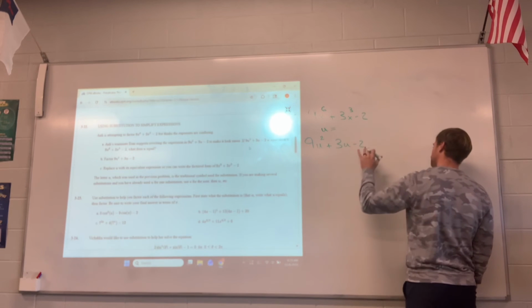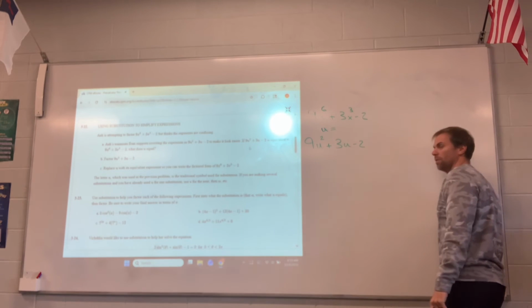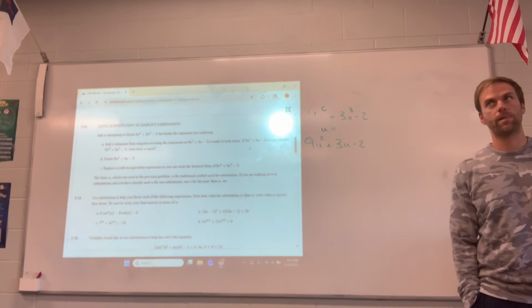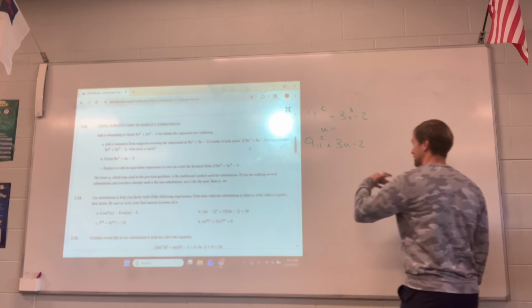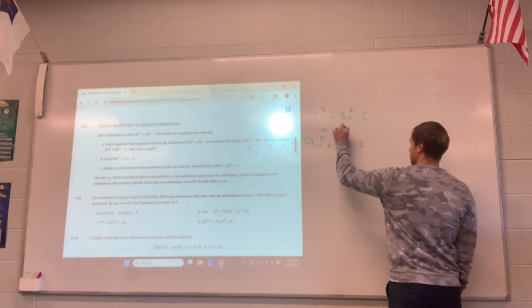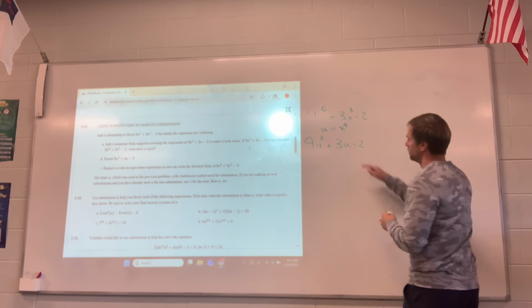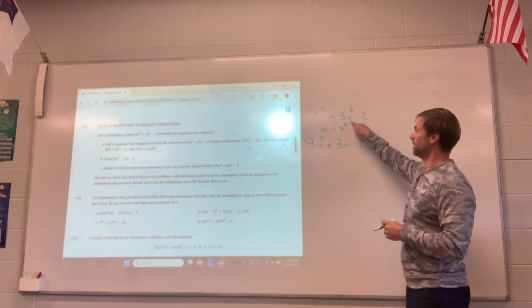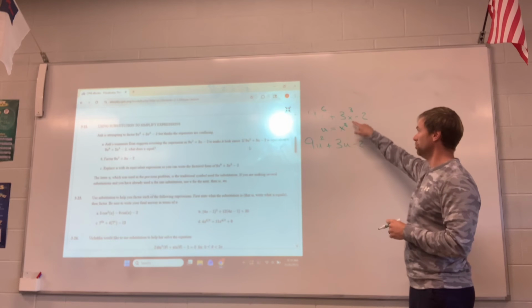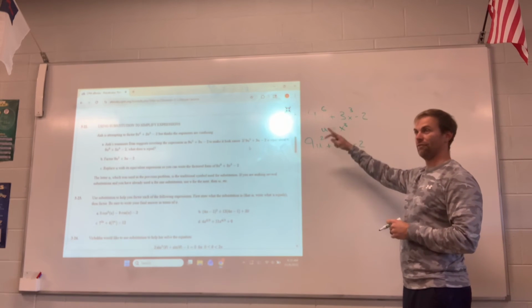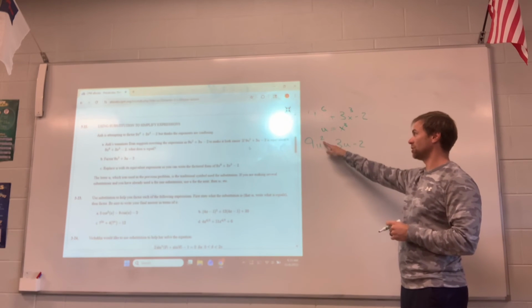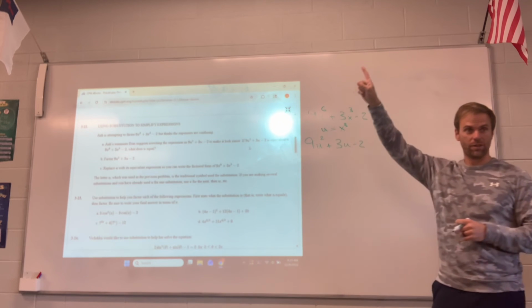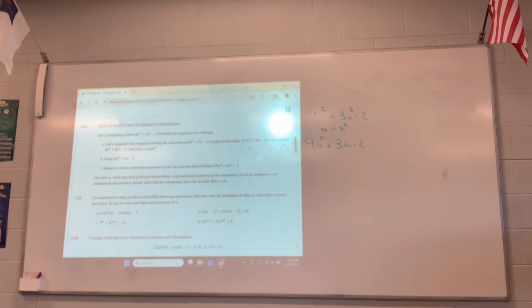These are the same. What does u equal? 3x cubed, right? So u is x cubed. If I squared x cubed, would I get x to the 6th? Yeah, sure. Okay, so u is x cubed.